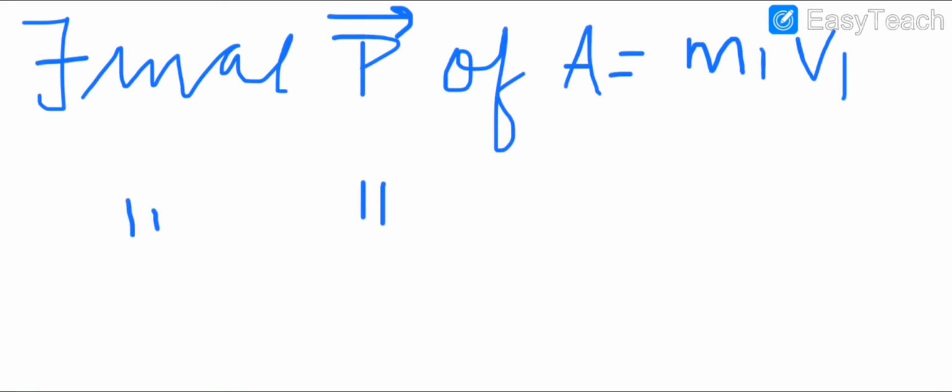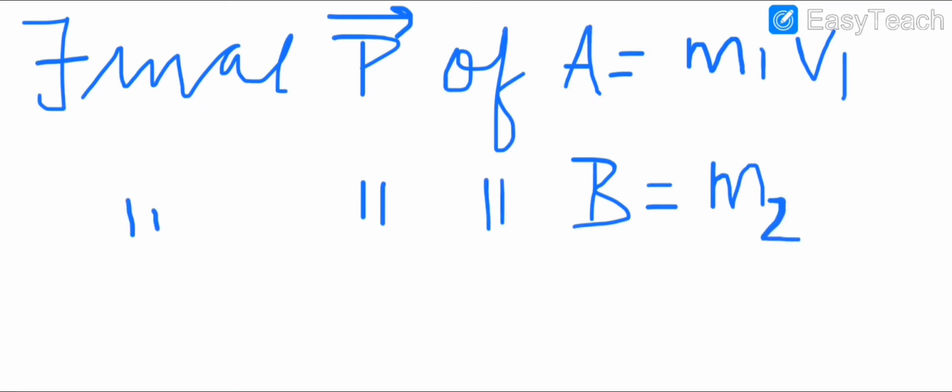Final momentum of body B? Mass m2, velocity is v2. Simple. So what we did in the first step, we wrote the initial momentum for the two bodies A and B. Second step, we wrote the final momentum for the two bodies A and B. Isn't it very simple, children?